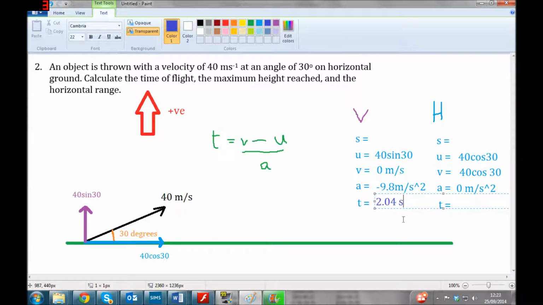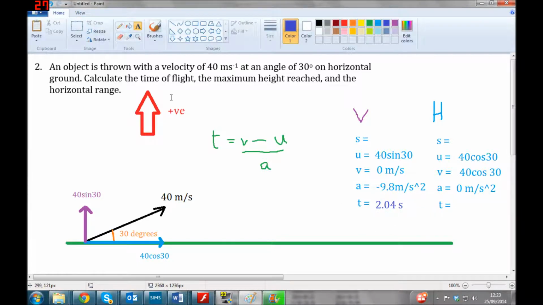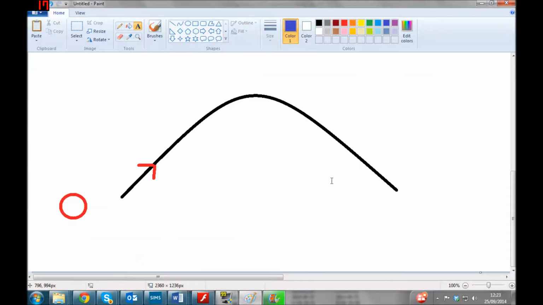2.04 seconds. Okay, cool. However, that's not the actual answer here, because the 2.04 seconds was until it had 0 velocity. So if we come back down, that means that the ball, or whatever it was, went up here and got to 2.04 seconds. And then it continued on down this way.